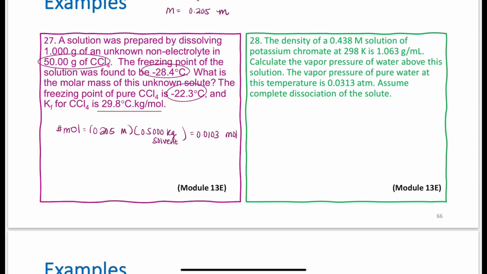I now know 1 gram of the unknown caused this freezing point depression of 6.1 degrees C. And I know the moles that correlate to that grams. My molar mass, 1.000 grams divided by 0.0103 moles, gives me 97.1 grams per mole.